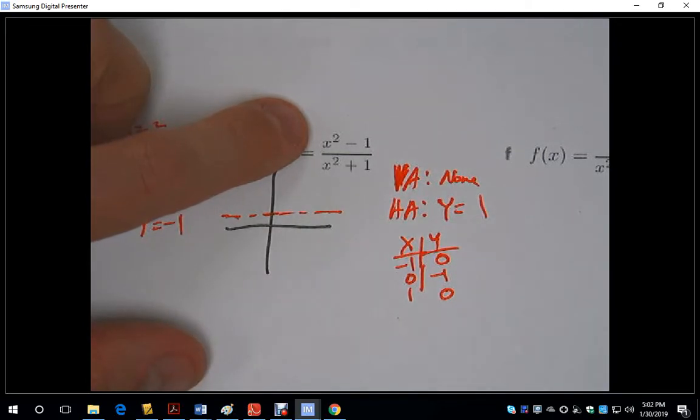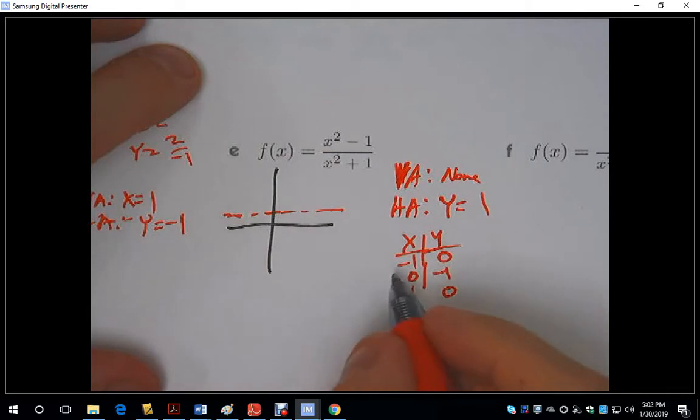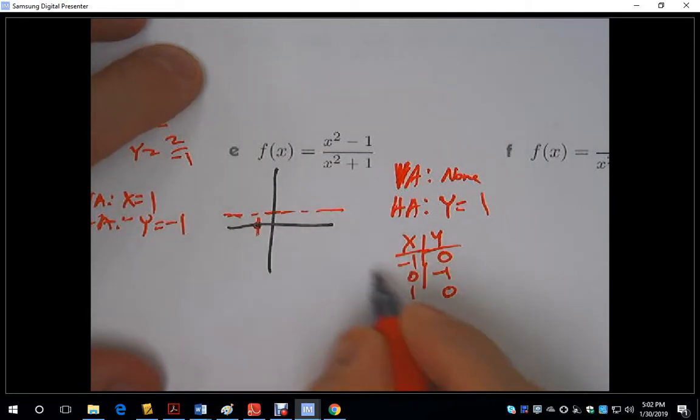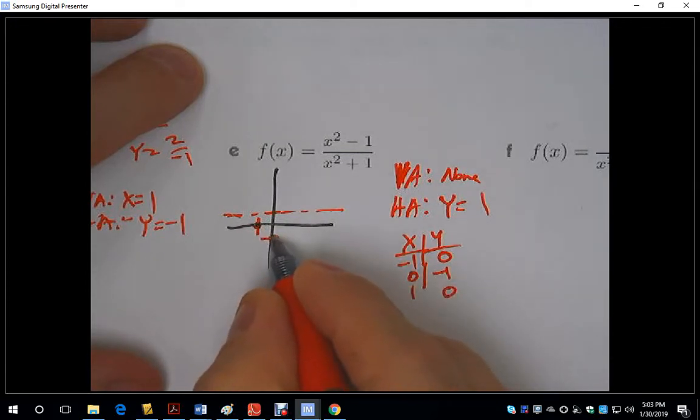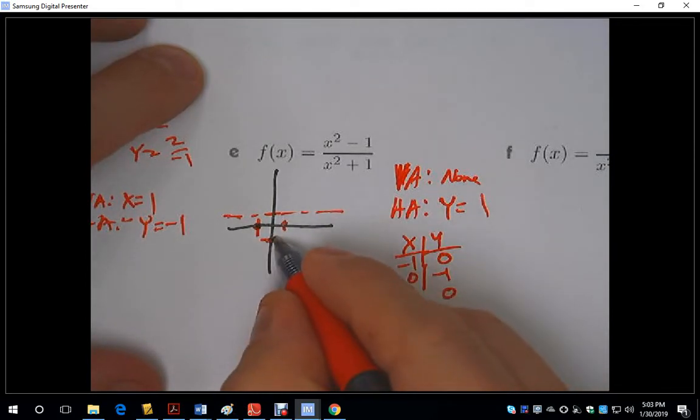So that means that at negative 1, I'm at this point here. At 0, I have negative 1, it's another point, which is going to be here. And I have 1, 0 over here. So it looks to me like the graph is going to look something like this.